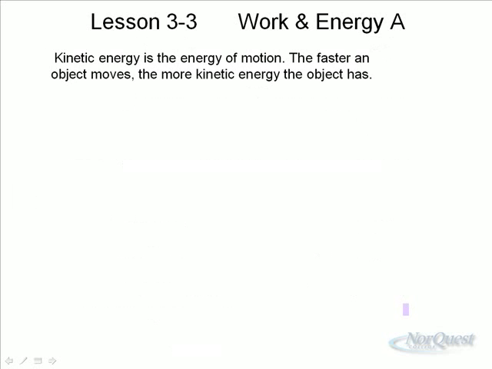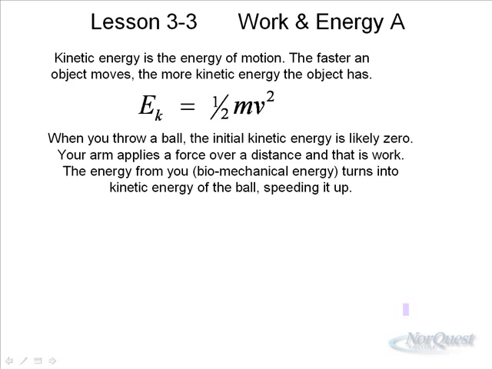So looking a little more closely at kinetic energy, it's, as I said, the energy of motion. The faster an object moves, the more kinetic energy it has. And we say the formula for kinetic energy is 1/2 mv squared. So when you throw a ball, the initial kinetic energy, as you reach your hand back and get ready to throw, the ball is stationary in your hand.